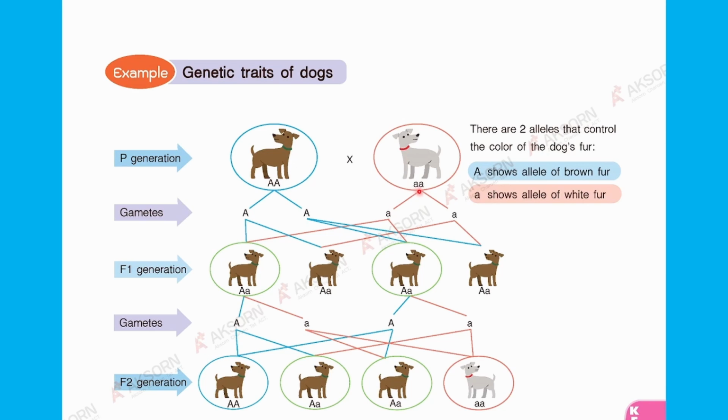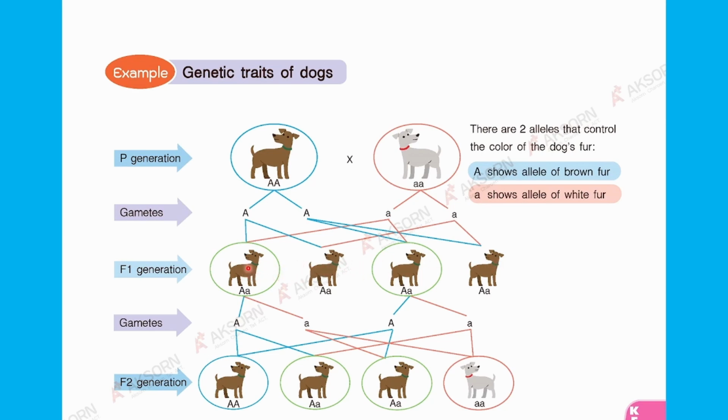And this has two small a's for the alleles. So the gametes A and A, they both pass to the offspring. And the same with the small a's, they pass to all the offspring.